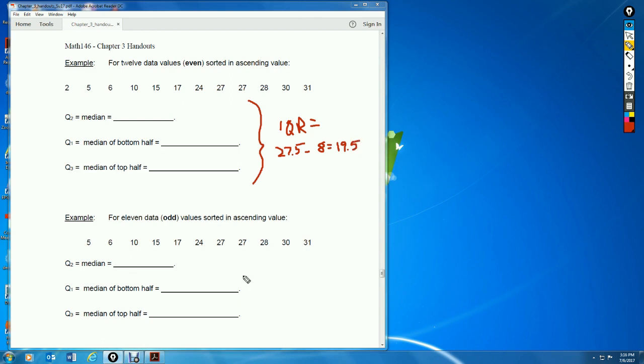And for the bottom set, again, I've already erased it, but you have it, the IQR is equal to Q3, which is 28, minus Q1, which is 10, which is equal to 18. So again, it just gives us a measure of how spread out the data is.